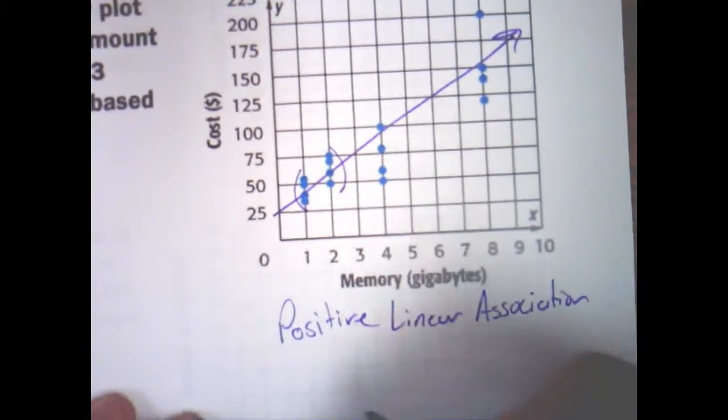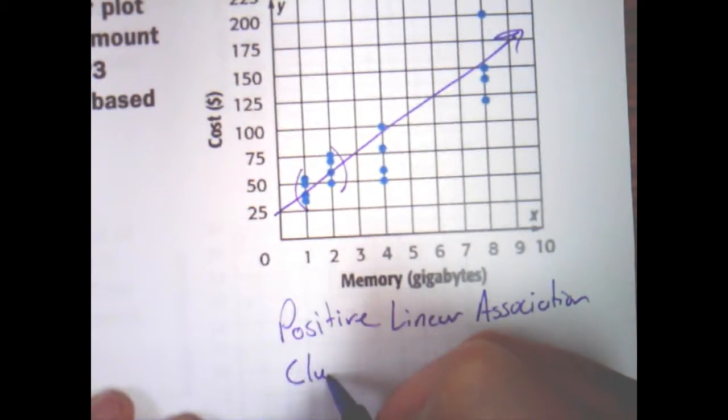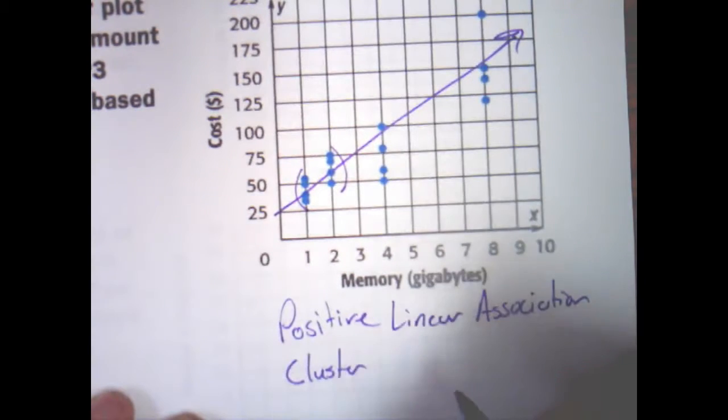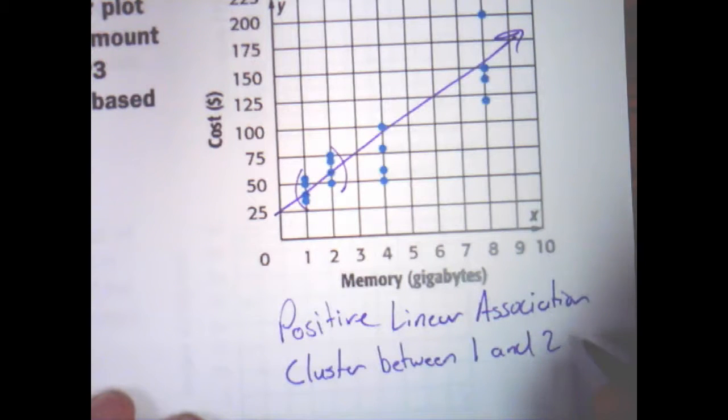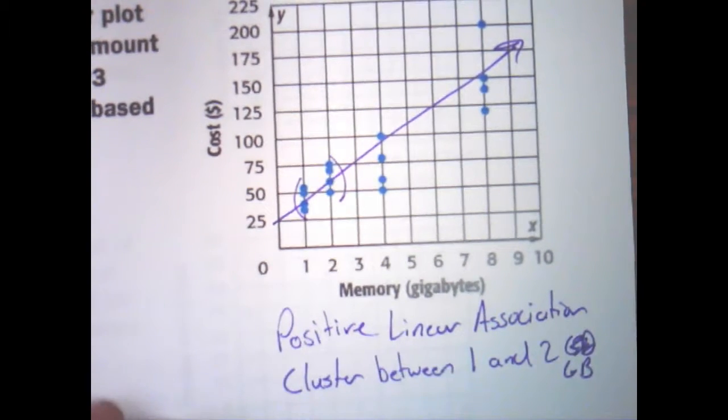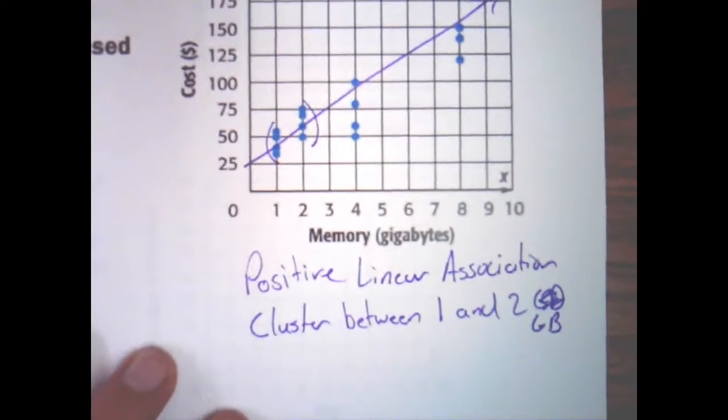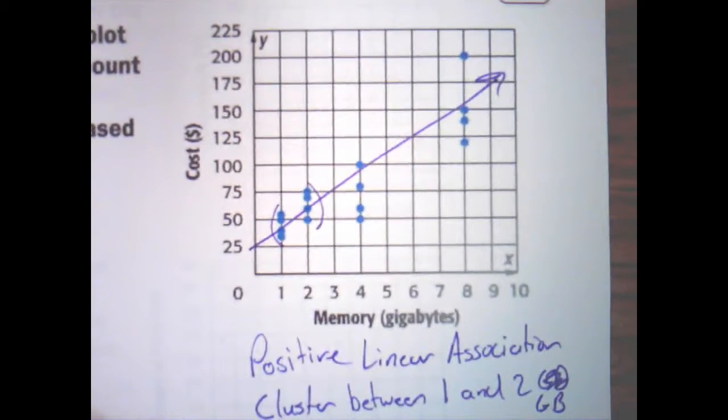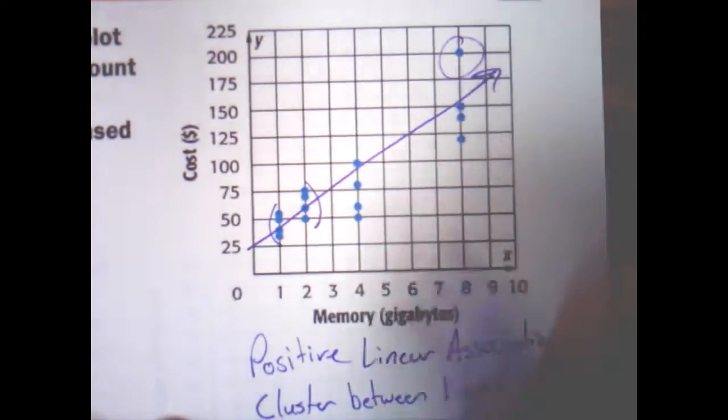So you can say a cluster between 1 and 2 gigabytes. Oops. Should be a GB. Gigabytes. Okay, cluster between 1 and 2 gigabytes. And lastly, an outlier. This one is way off the radar.